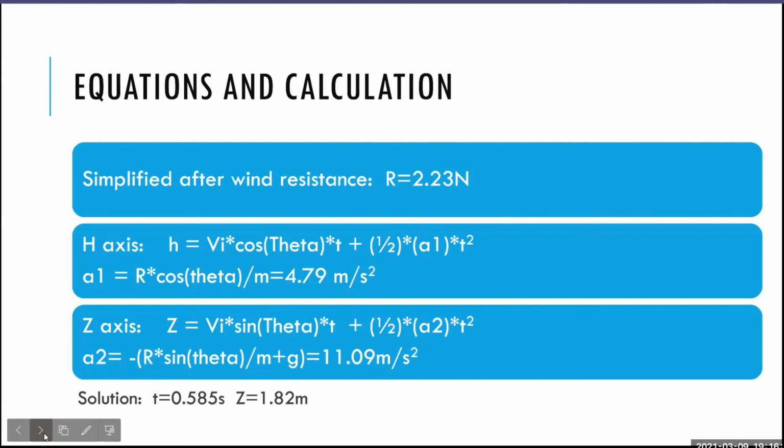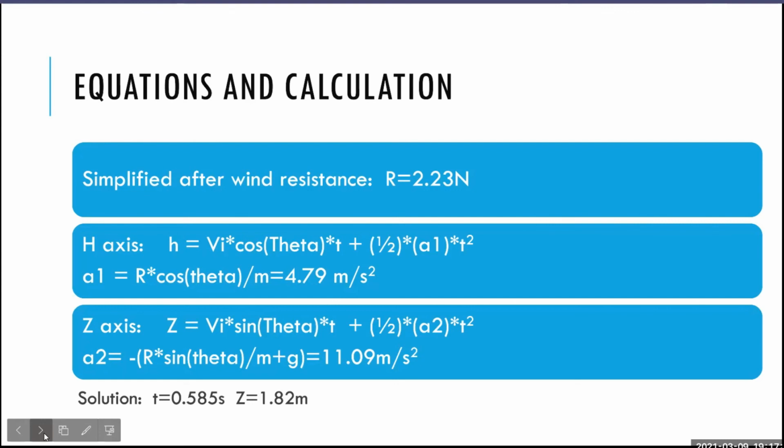Now, if we want to solve for two unknown quantities, we need two independent equations. We have the equations of motion on both axes, and we have two unknowns, t and z. So let's plug this into the equation.